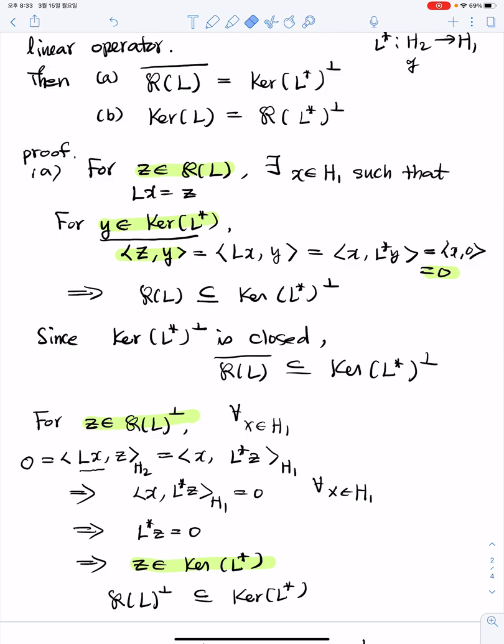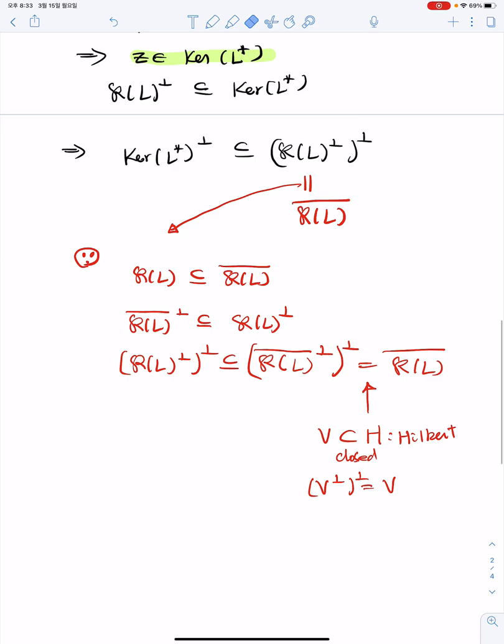And for the B part, you can use L and L star.